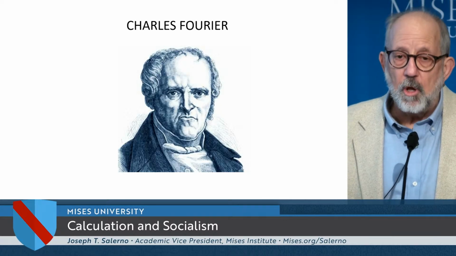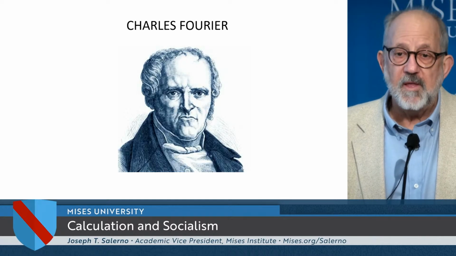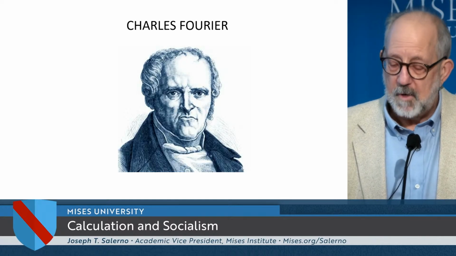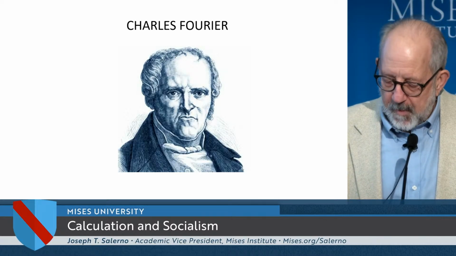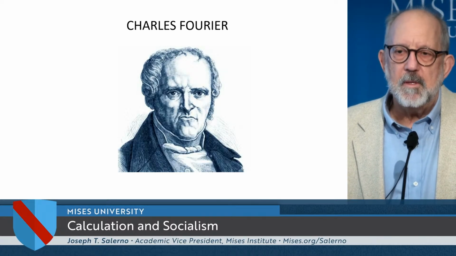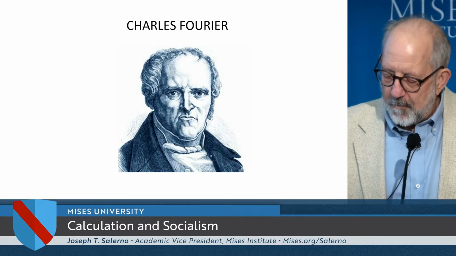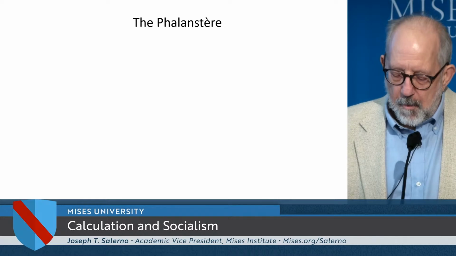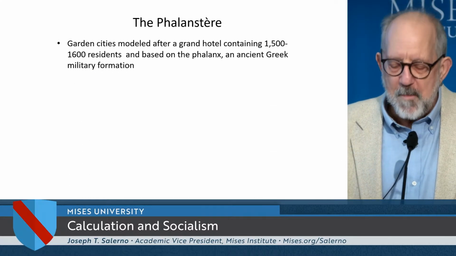This is Charles Fourier, a French socialist. You can tell by his face he's up to no good, right? I mean, it's the opposite of human welfare. Just to outline his nutty ideas, he came up with something called the phalanstère, which refers to a Roman military formation.